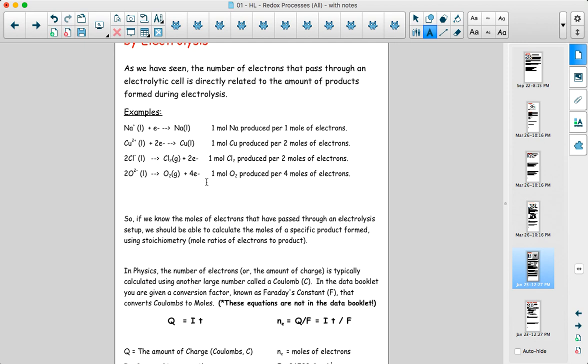If we look back up here, for oxygen, for the same 4 moles of electrons, we would produce the least amount of oxygen, and we would produce the most sodium. So the higher that mole ratio is for electrons, the less product you are going to make. With the same amount of electrons, you make half the copper as you do oxygen, because it takes twice as many moles of electrons to make oxygen as to make copper.